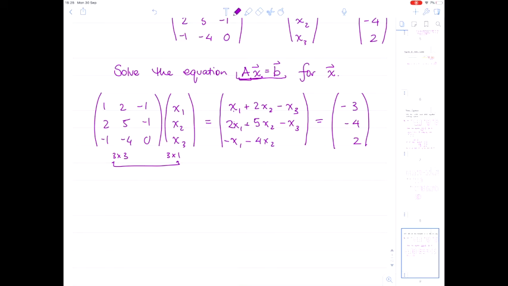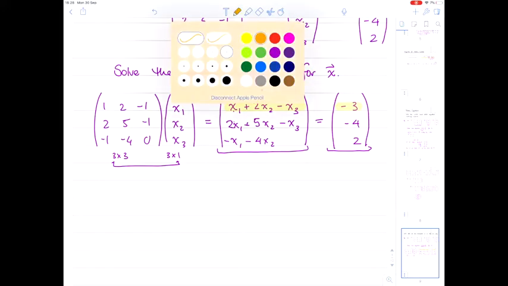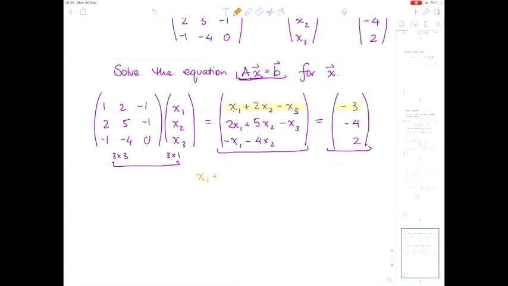And so if we have a look at this, where we have this vector is equal to this vector, this is the equivalent of a system of 3 equations and 3 unknowns, because we know that we have to have that x1 plus 2x2 minus x3 is equal to minus 3. So for this equation to be true, we need x1 plus 2x2 minus x3 must be equal to minus 3.